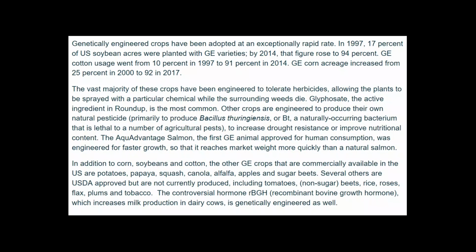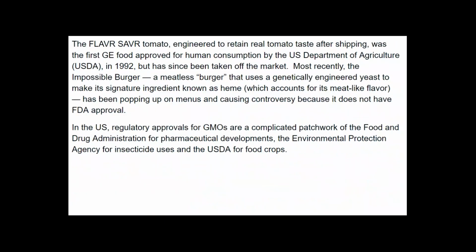The controversial hormone rBGH, a recombinant bovine growth hormone, which increases milk production in dairy cows, is genetically engineered as well. The Flavr Savr tomato, engineered to retain tomato taste after shipping, was the first GE food approved for human consumption, but has been taken off the market.